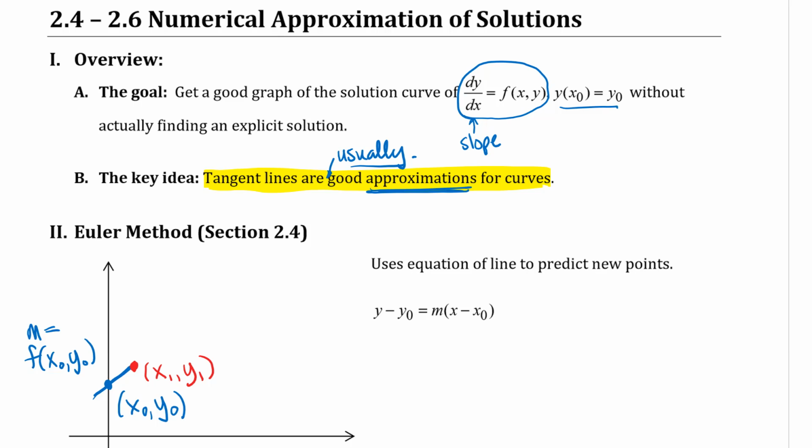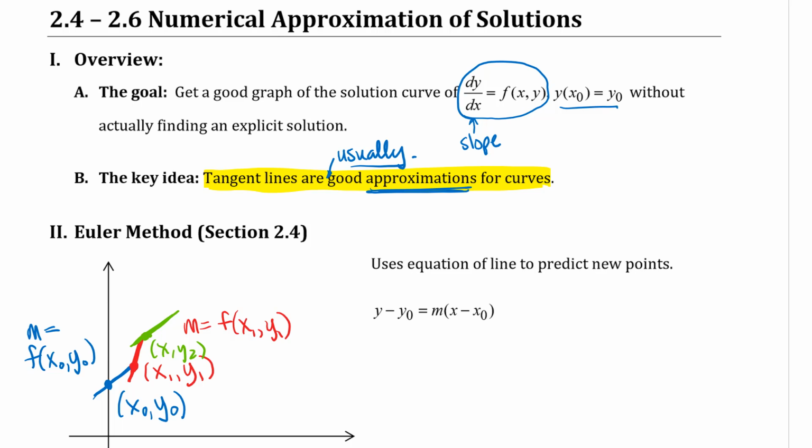I'm going to plug that new point (x1, y1) into the right-hand side of my differential equation, and I'll get some other slope. I'm going to assume this time that it's a little bit bigger number, so I'll have a little bit steeper slope here. And then you just keep repeating the process. After you follow that little line segment for a little bit, you identify a new point, say (x2, y2). You plug that point into the right-hand side of the differential equation to get a new slope, and you can basically build an approximation for the curve using these little tangent lines.